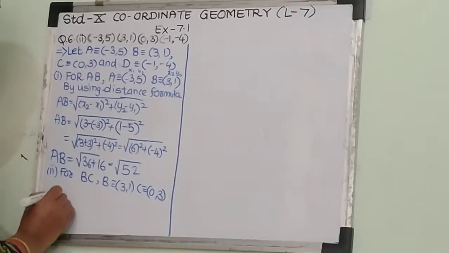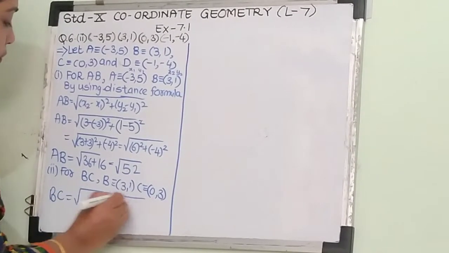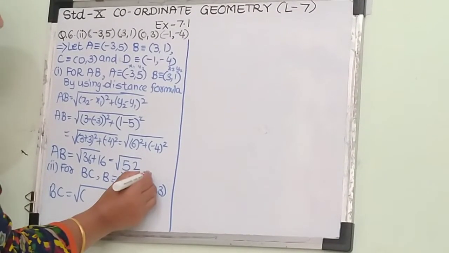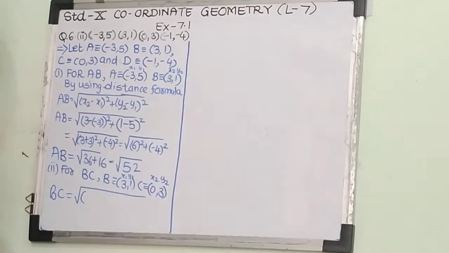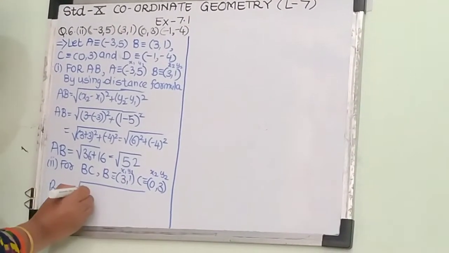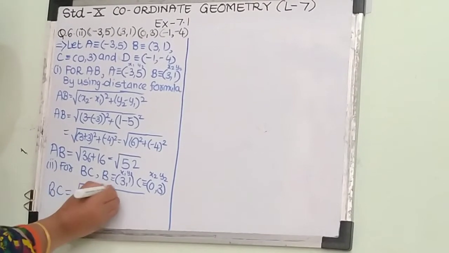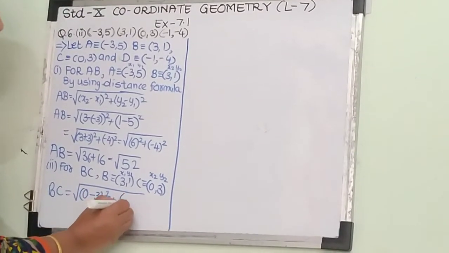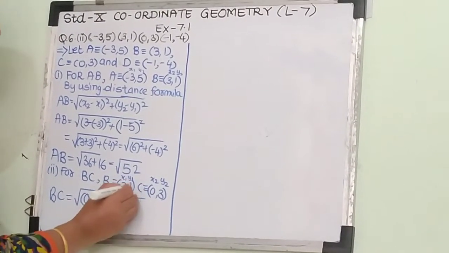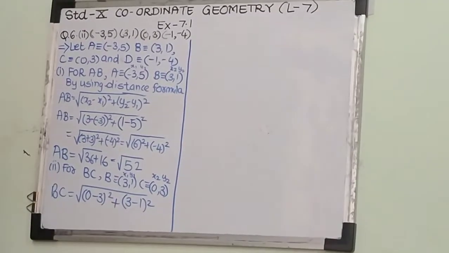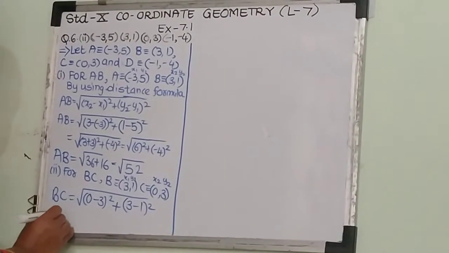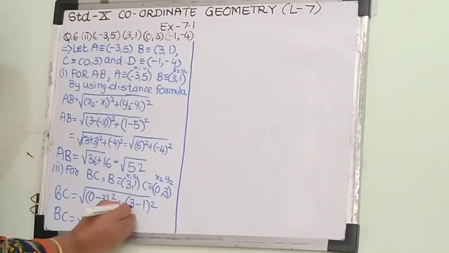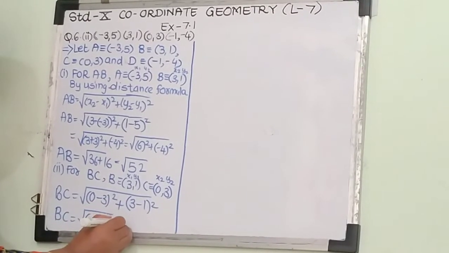I will write directly. BC equals root of, here B's coordinates are x1, y1 and C's coordinates are x2, y2. So x2 is 0 minus x1 which is 3, so (0 minus 3) square plus y2 is 3 and y1 is 1, so (3 minus 1), that is 2 square.